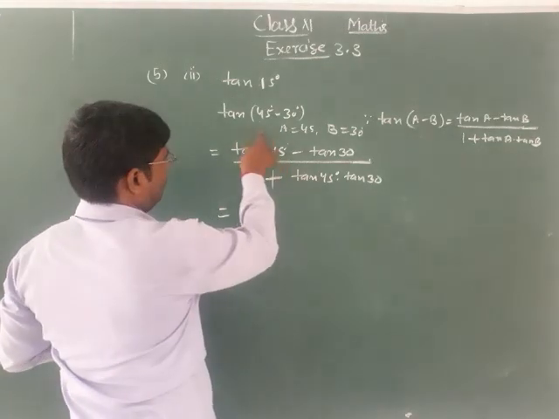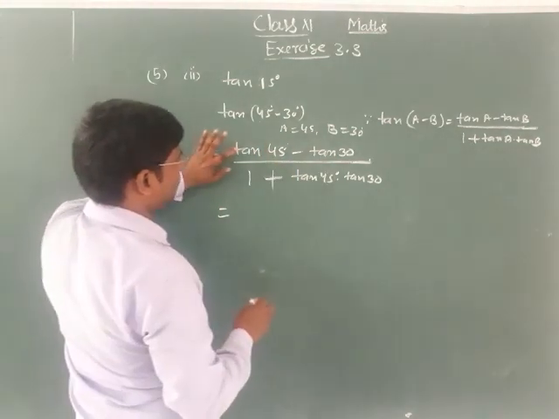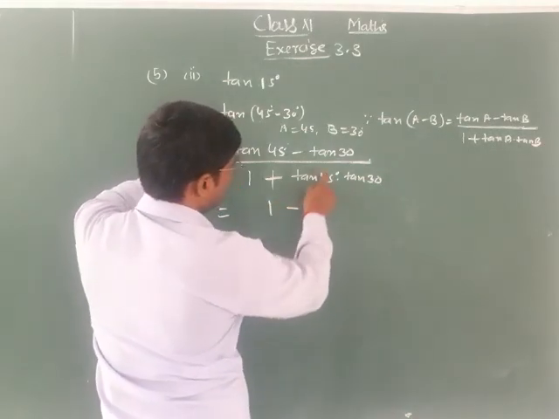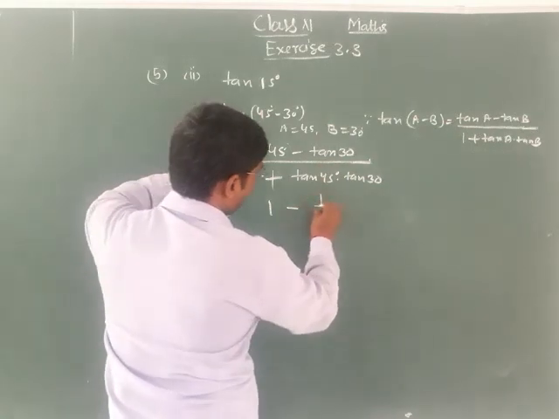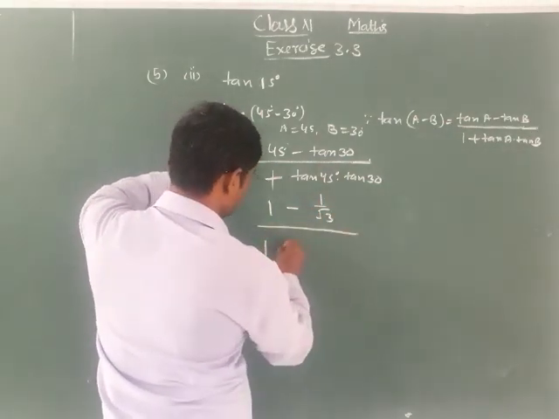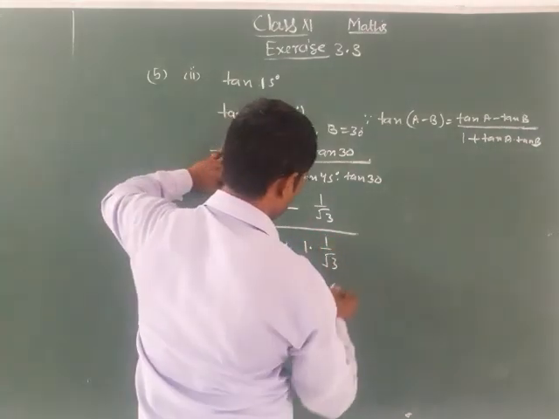Now this value is known and this value is known. The value of tan 45 is 1, and tan 30 is 1 upon root 3. So we get 1 minus 1 upon root 3, upon 1 plus 1 into 1 upon root 3.